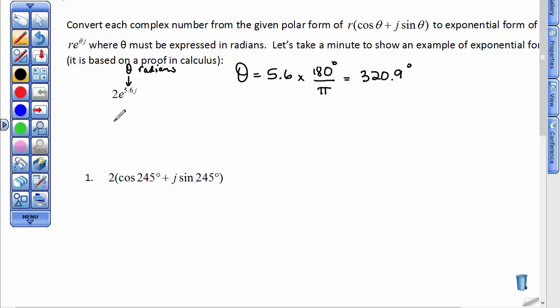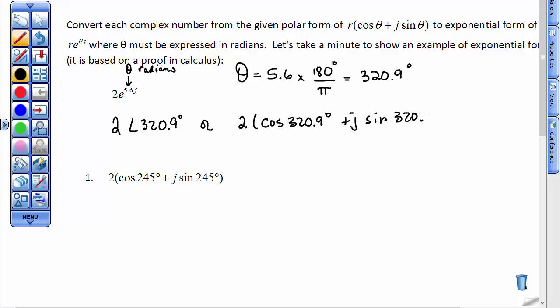So the answer to this problem in polar form would be 2 at an angle of 320.9 degrees, or 2 times the cosine of 320.9 degrees plus j times the sine of 320.9 degrees.